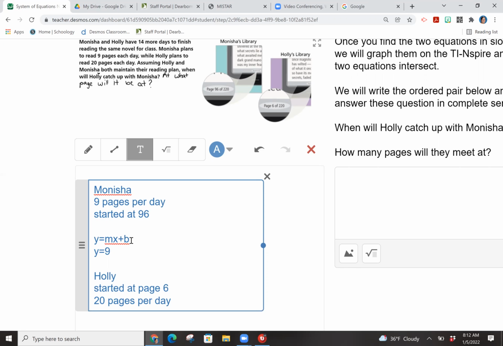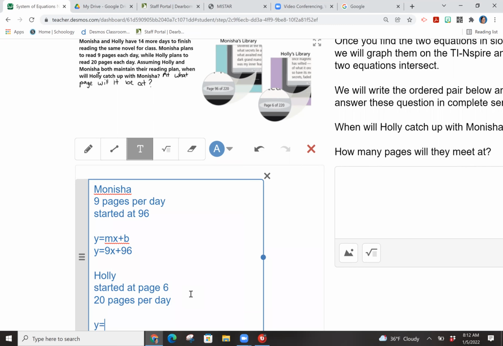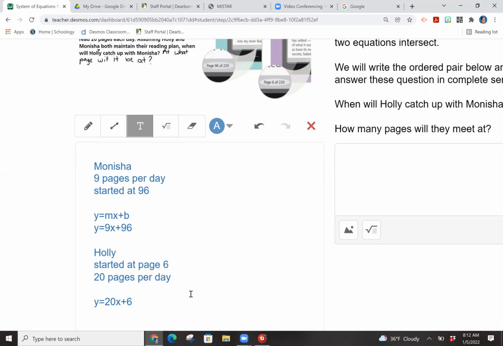So y equals 9x plus what page did she start at? At 96. So then what will Holly's equation be? 20x plus 6. Because she's reading at a rate of 20 and started on page 6.